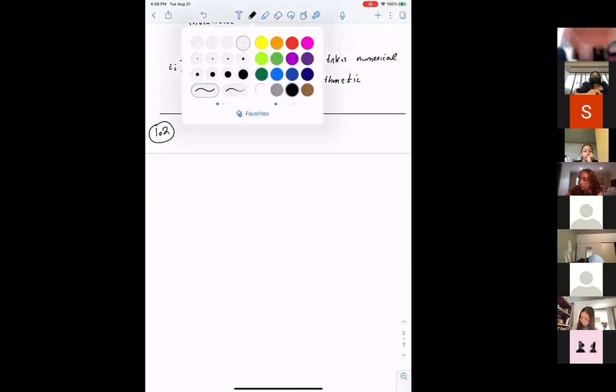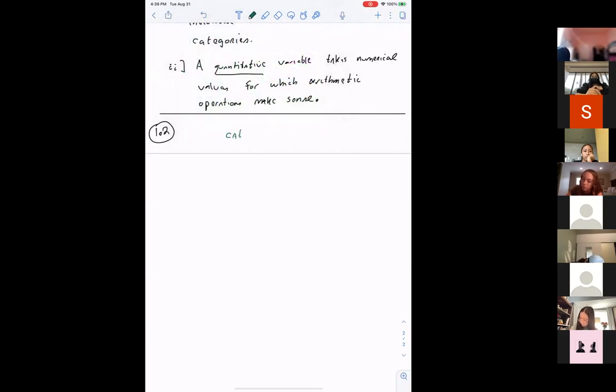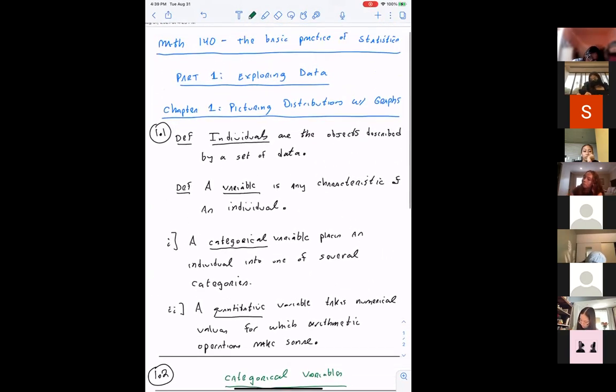So I'll change to green. So categorical variables. And this one, section 1, was labeled individuals and variables, just so that we have the title for it.